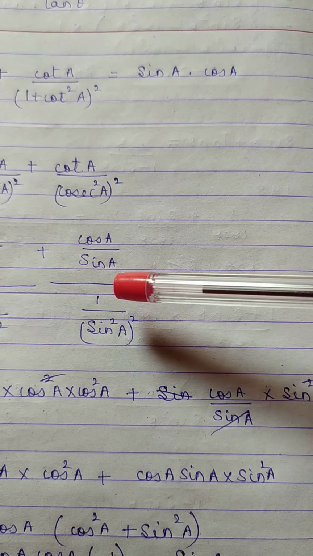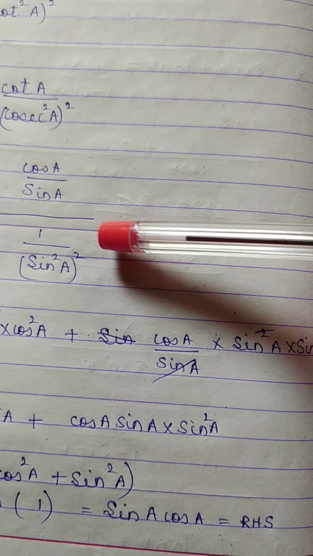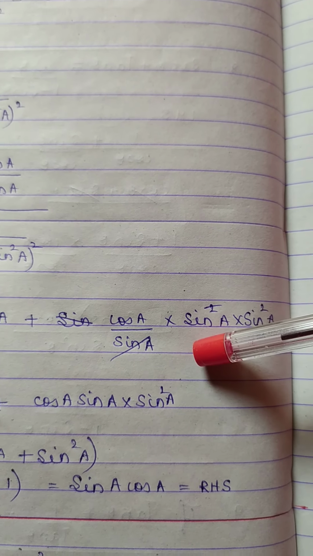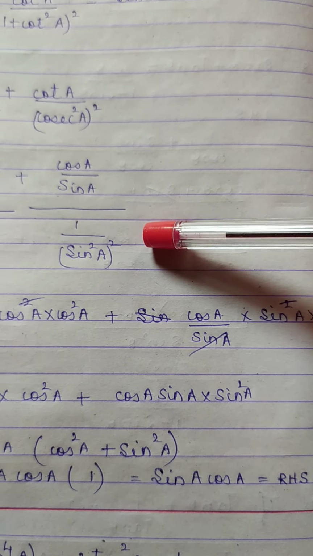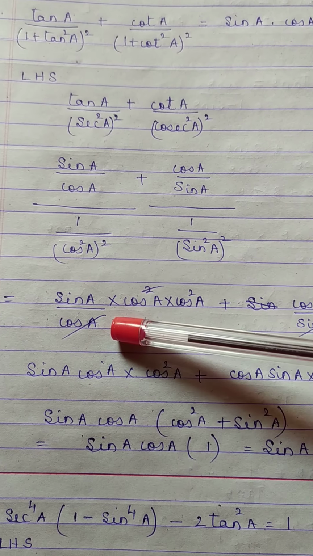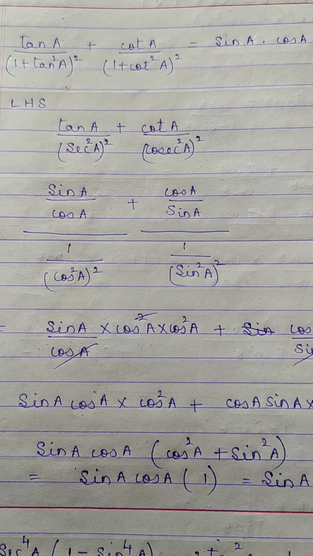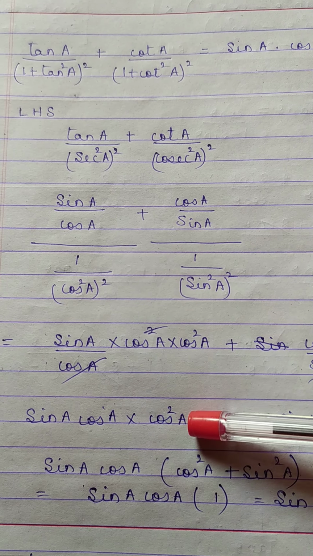When I say divided by this, it means multiplied by the reciprocal of this. So multiplied by sin square a into sin square a. Why sin square a into sin square a? Because it is sin square a the whole square. Now cancel out whatever gets cancelled. Cos a will get cancelled with 1 cos a here. So what is left is sin a cos a into this cos square a.